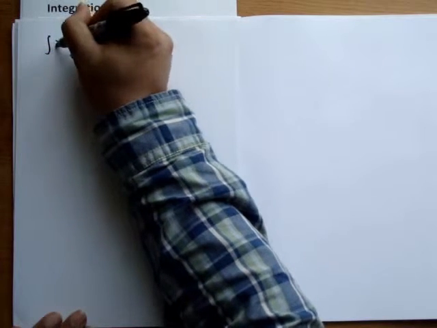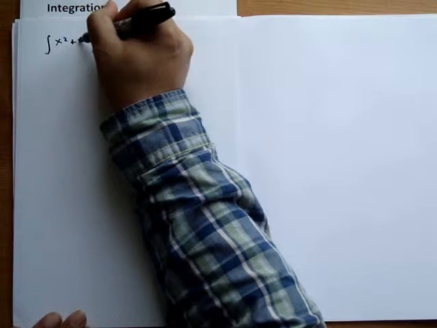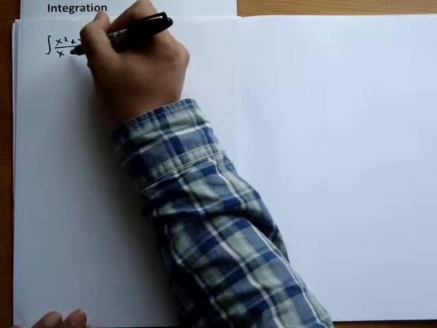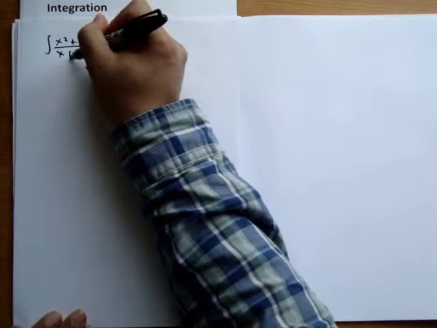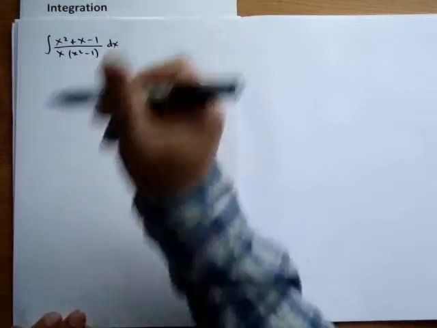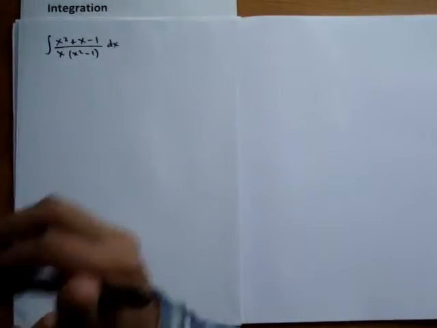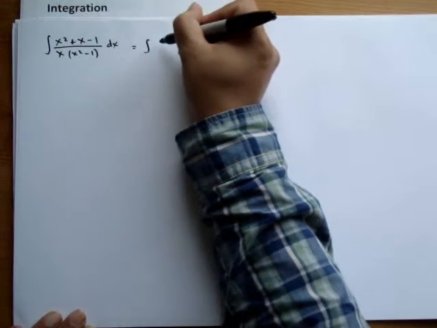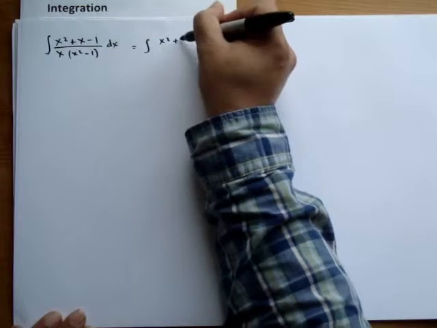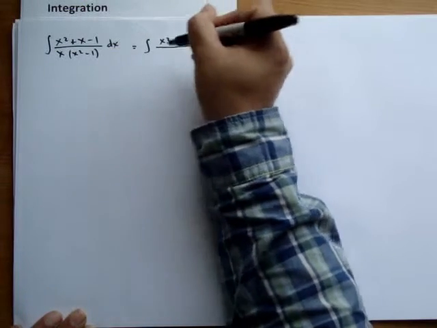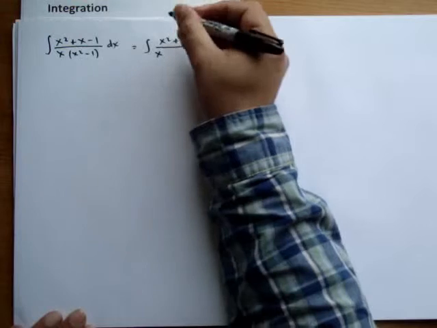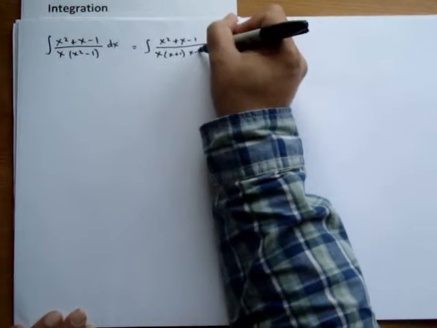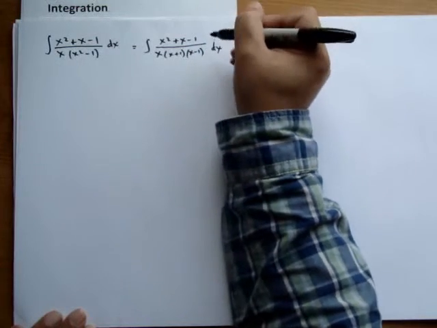Now the integral of x squared plus x minus 1 all over x squared minus 1, dx. This then becomes the integral of, again, the numerator x squared plus x minus 1, but in the denominator we can see we've got a difference of squares, so that's x plus 1, x minus 1, dx.